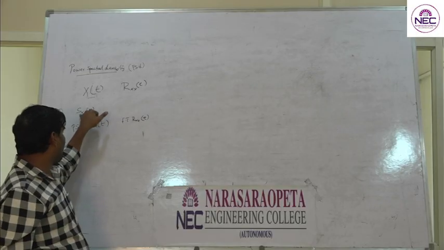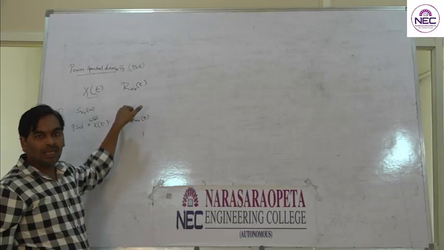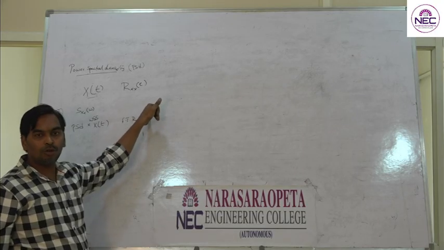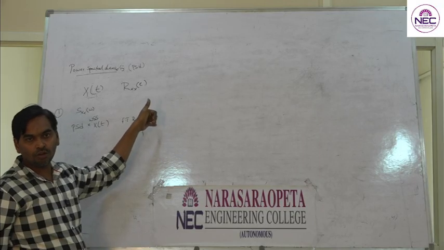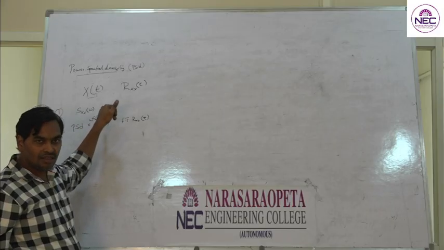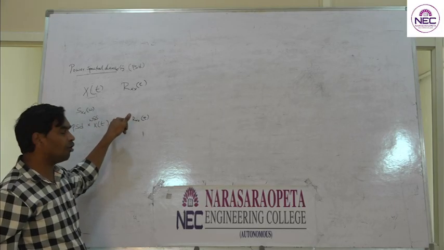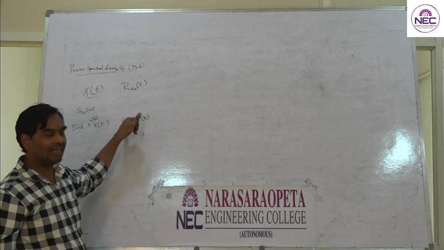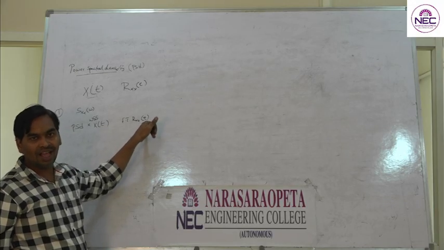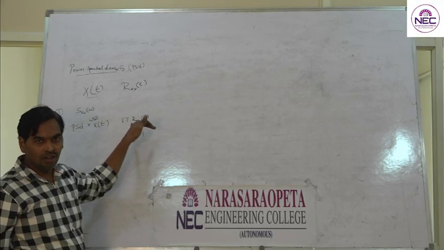So Sxx of omega can be obtained by implementing the Fourier transform of Rxx of tau, the autocorrelation function. That is your first definition.